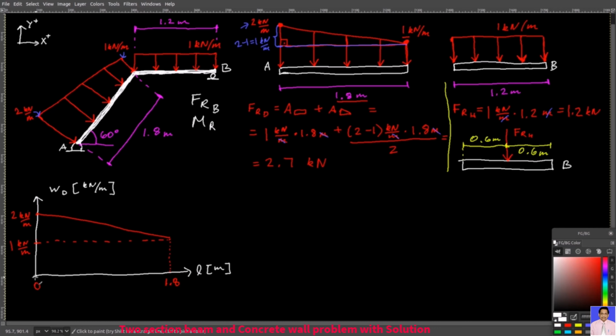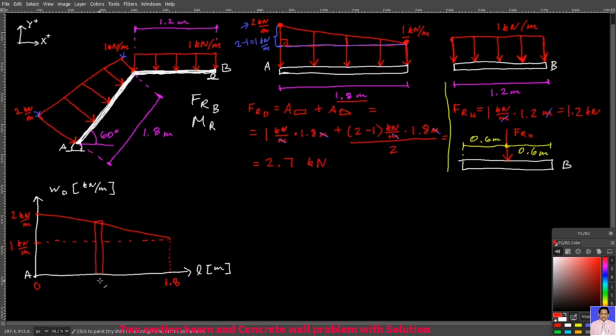And so essentially this location here, that's your point A. We already have the resultant force due to this distribution. And now I will calculate the moment about point A due to it as well. And I will do that by integrating this function from L equals 0 till L equals 1.8 meters.